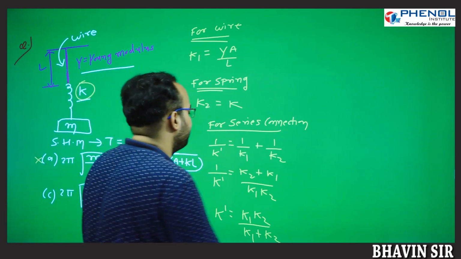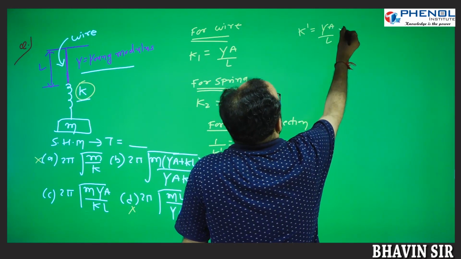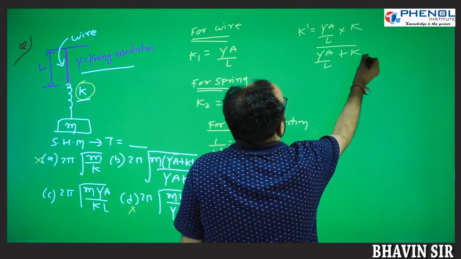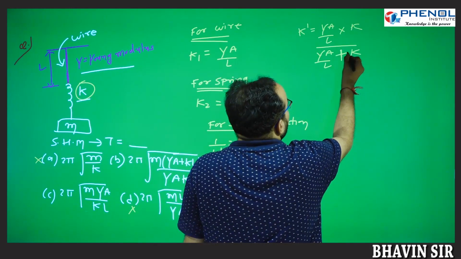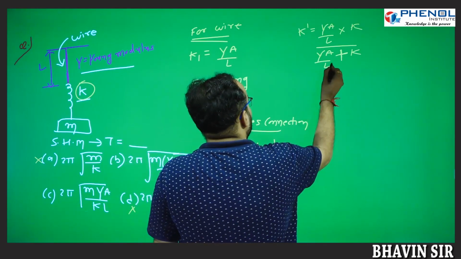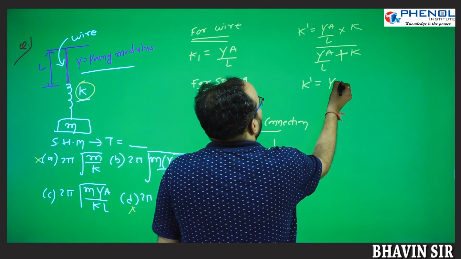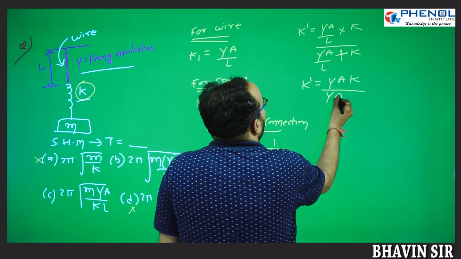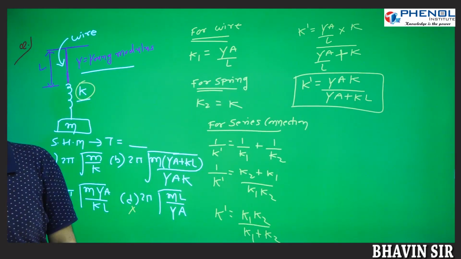Now what is K1? YA by L. What is K2? K. So YA by L plus K. Take LCM, then L cancels. So the effective or equivalent spring constant is YAK upon YA plus K.